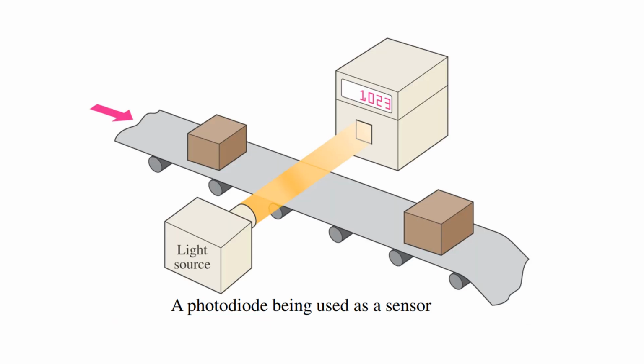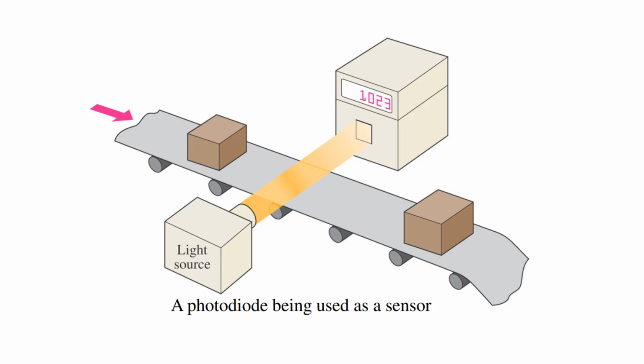The photodiode is used as a sensor. In a factory fabricating some items, it needs a count of how many items are fabricated and delivered per hour or per day. For that purpose, see, this is the light source and this is the photodiode. The light source is incident on the photodiode, so there is a current.